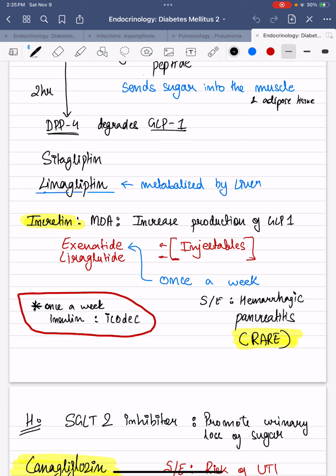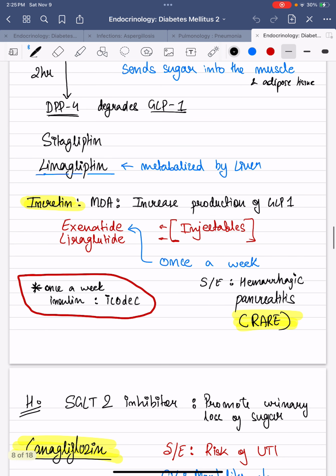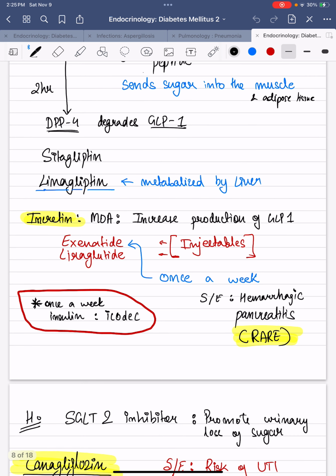They are like exenatide and liraglutide. They are injectable drugs and they are only given once a week. The side effect of these drugs can be hemorrhagic pancreatitis, but it is found to be very rare as a side effect. And as a side note, we should learn there is an insulin that is given once a week, and that insulin is called icodec.